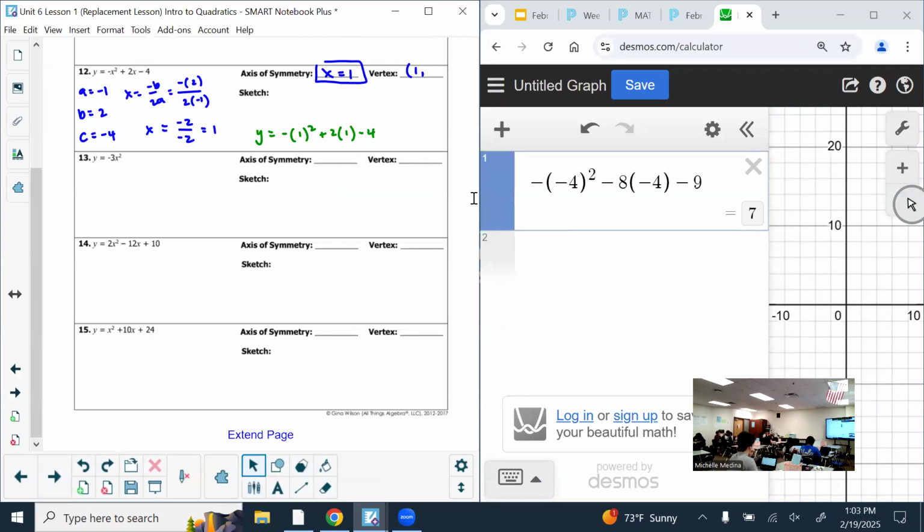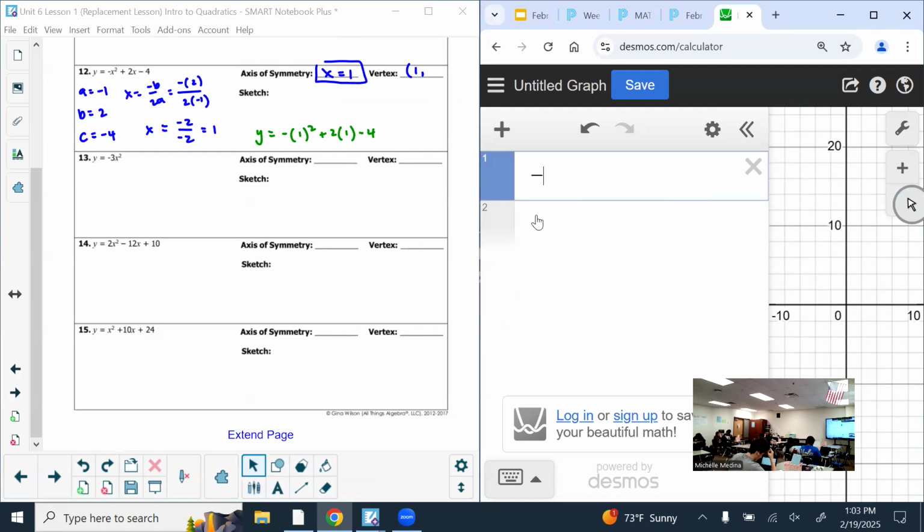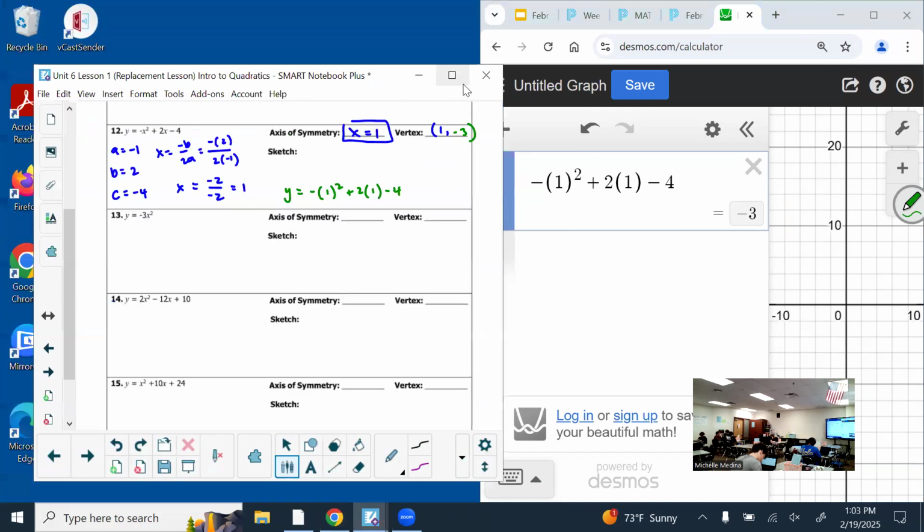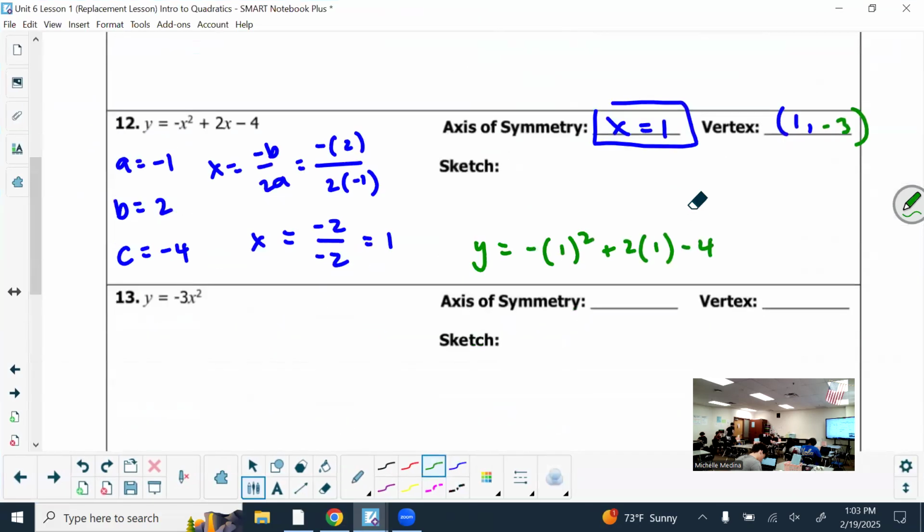So when I do that, if you're getting anything other than -3, then there's something wrong with how you're typing it in. So maybe we're forgetting the parentheses. It's usually what it is if there's a mistake in typing it in. But yeah, that one's that one. Does that make sense, Amy?